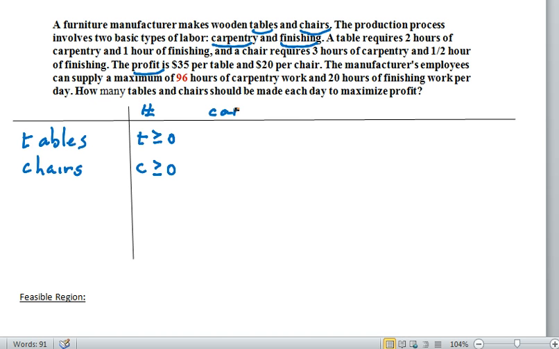So now we move to the carpentry, which will be measured in hours, and the finishing, again measured in hours, and the profit in dollars.